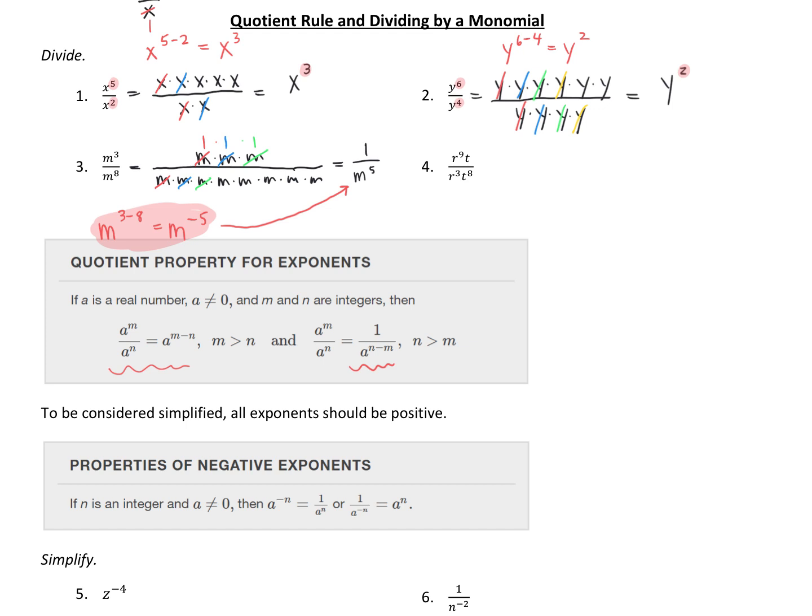If you use the first rule, that's fine, but then you have to remember the rule of negative exponents. Anytime you have a negative exponent, you can make it positive by moving it to the other side of the fraction. So right here we noticed that m to the negative fifth is the same as 1 over m to the fifth. So we would make it positive by moving it to the bottom.